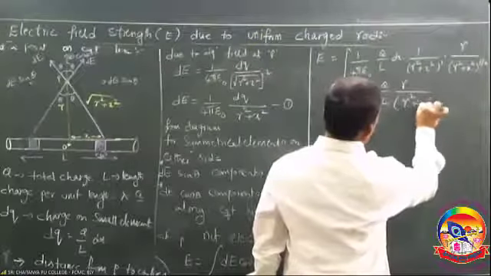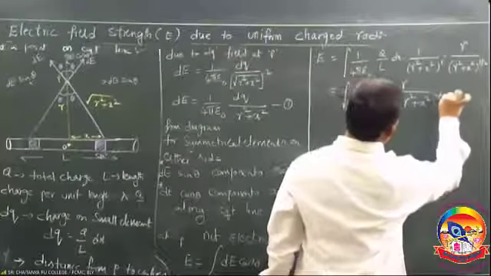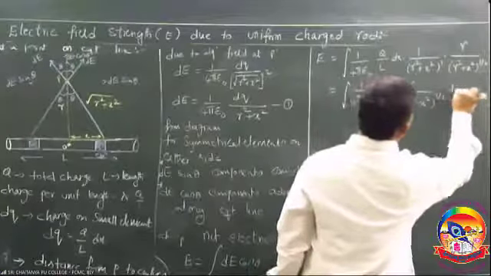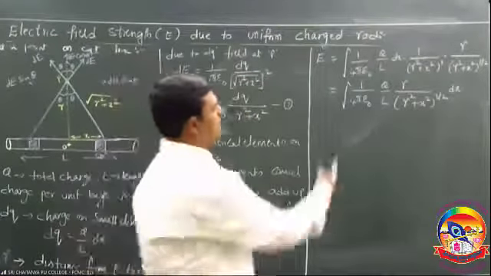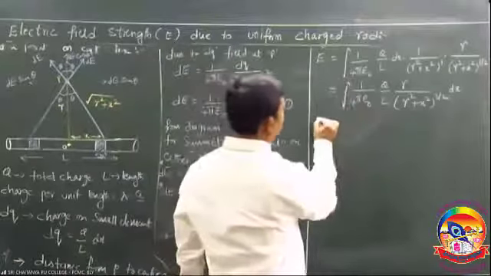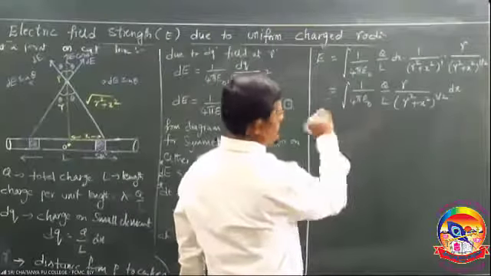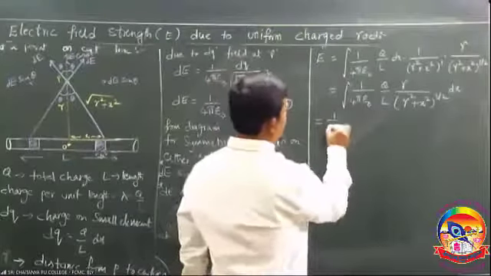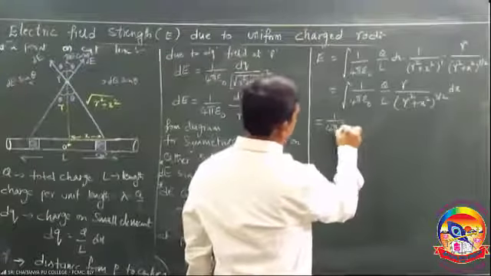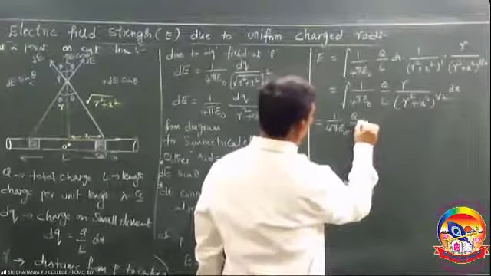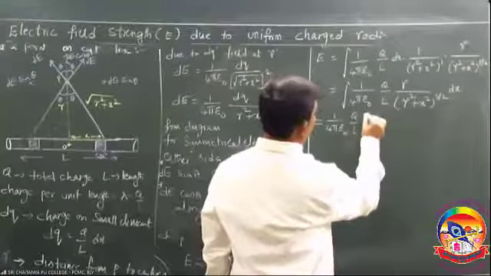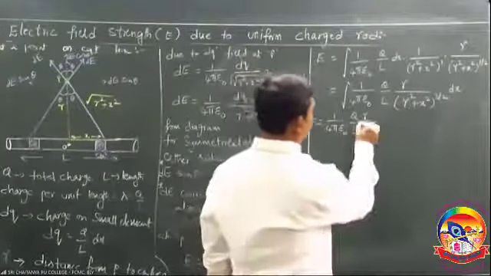R square plus x square whole power 3 by 2 dx. This is right. So we have to do the integration. Take constants outside: 1 by 4 pi epsilon naught, Q by L r also.